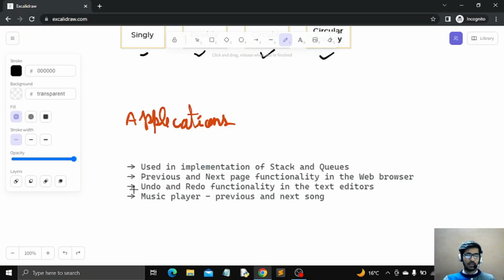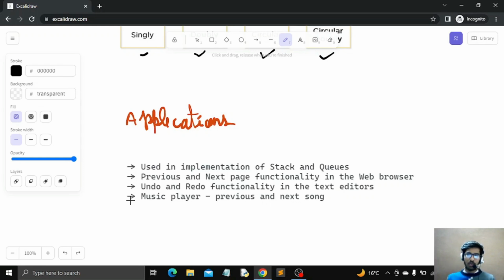And the third application, so linked lists are also used to implement the undo and redo functionality in text editors, which we use in our day-to-day lives. For example, MS Word. Okay, and the fourth application of linked list is it is also used in music players.